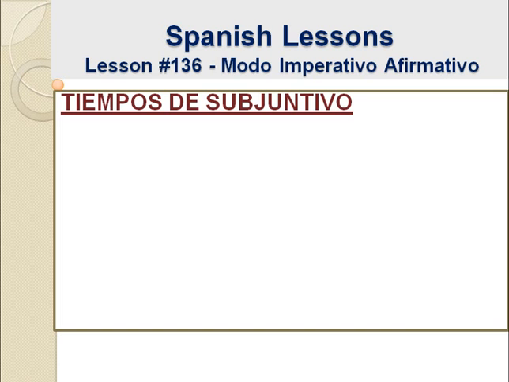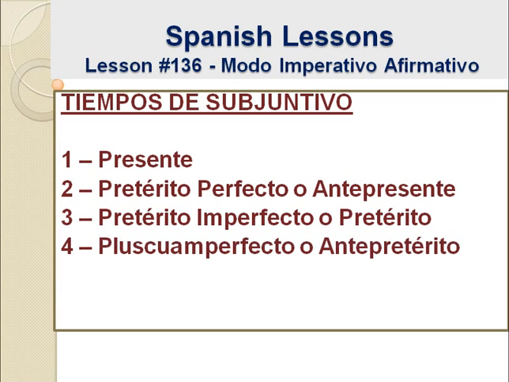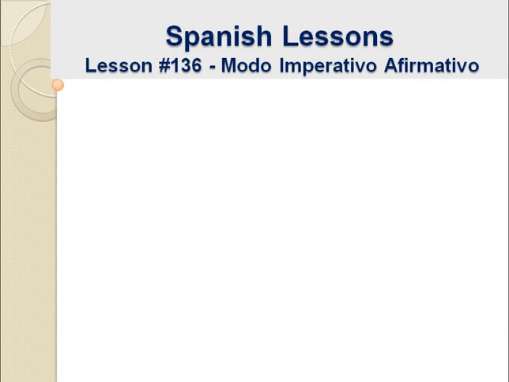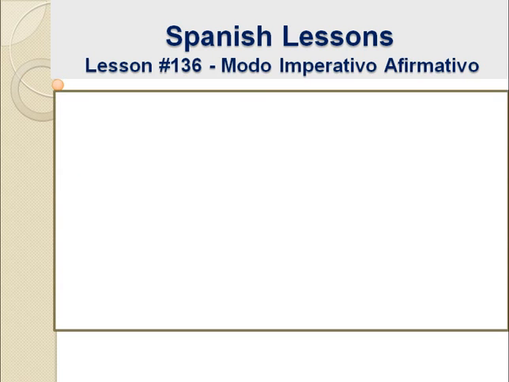We call it the modo subjuntivo or tiempos de subjuntivo, right? And this is formed by 6 more conjugation tenses, okay? So we will see all these in due time, right? Now let's get into our topic, the imperative, the affirmative, okay?